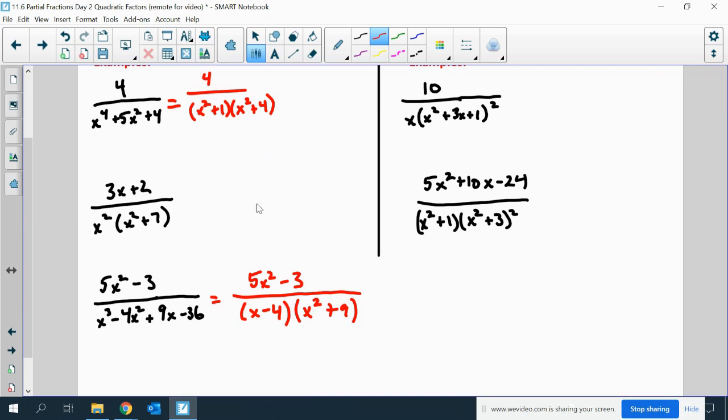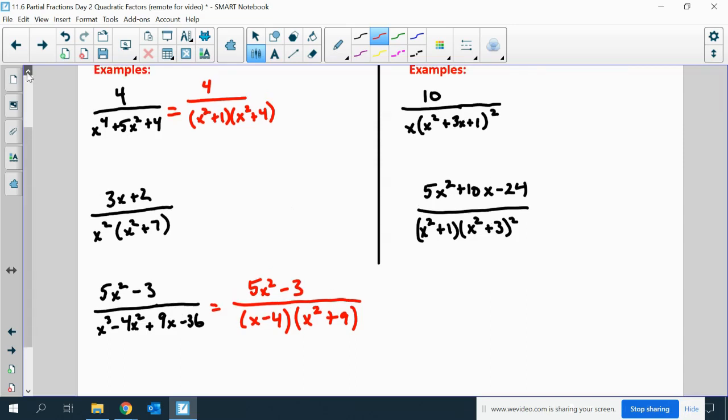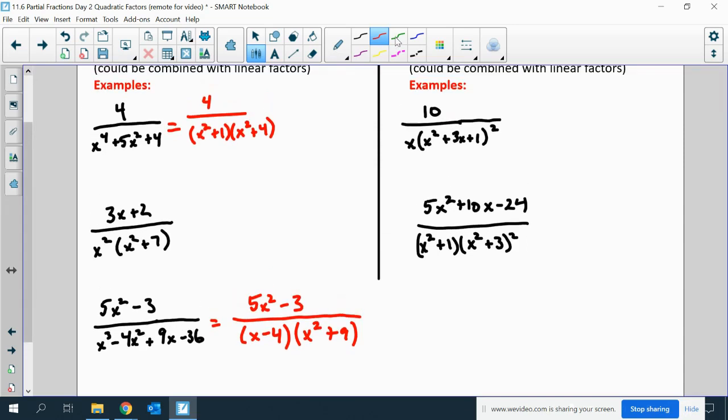Learning that factoring was an Algebra 2 type of thing. But notice that we have these quadratic factors that you can't factor any further: x squared + 1, x squared + 4, x squared + 7, x squared + 9, x squared + 3 over here, and then x squared + 3x + 1.